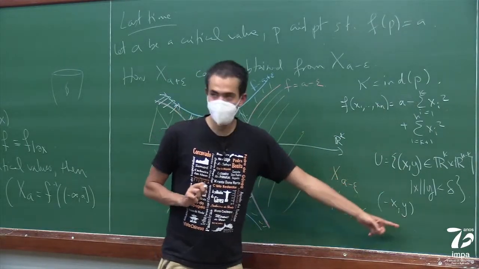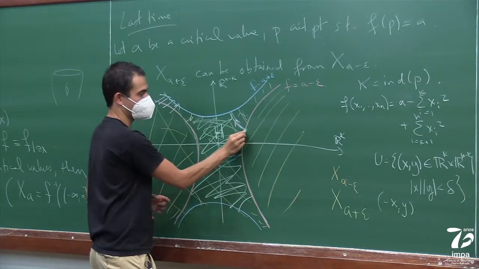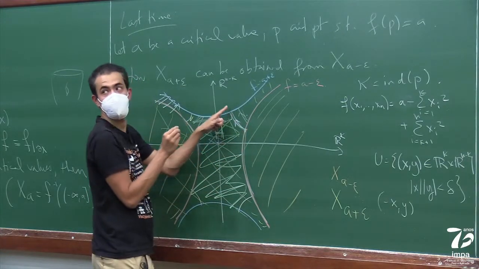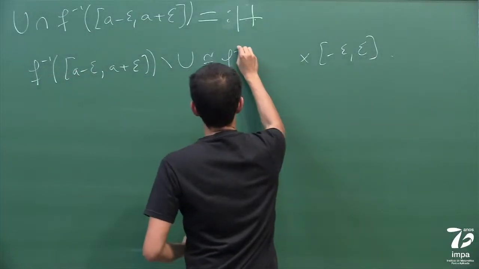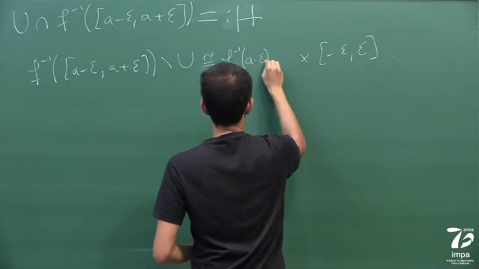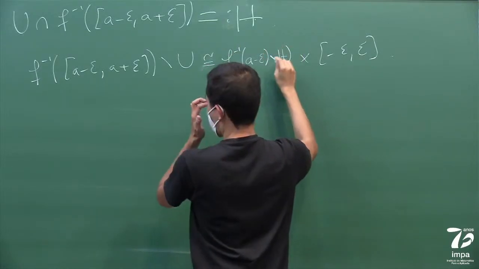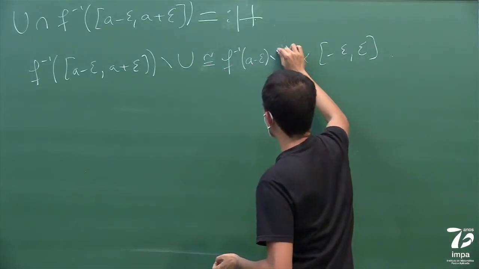So when you exponentiate this guy, it's going to stay tangent here. So it's going to take this boundary point, when you remove the H, into here. So basically what it is is the pre-image of a minus epsilon, minus U minus H. I guess it's the same, removing U. Let's do this.